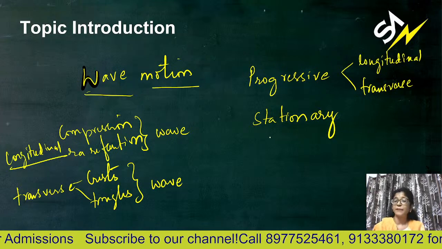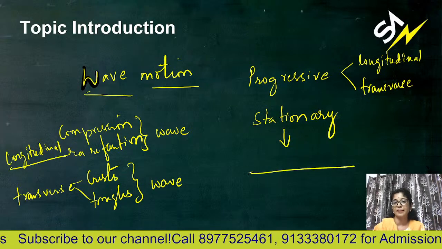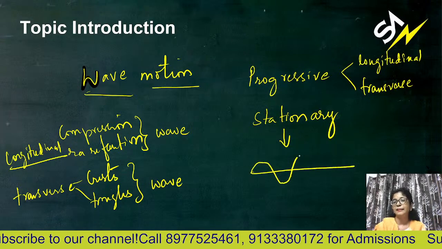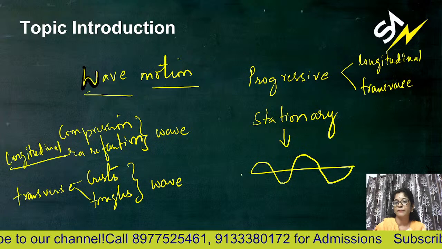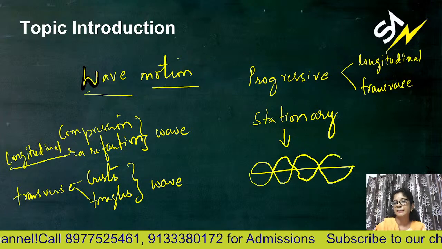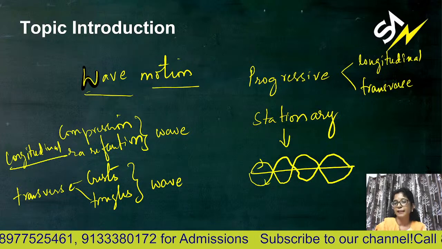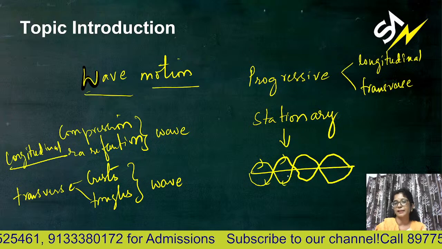Whereas stationary waves consist of, as I told you, a combination of two waves which are traveling opposite to each other. One will be moving forward and the other one will be moving in the backward direction.